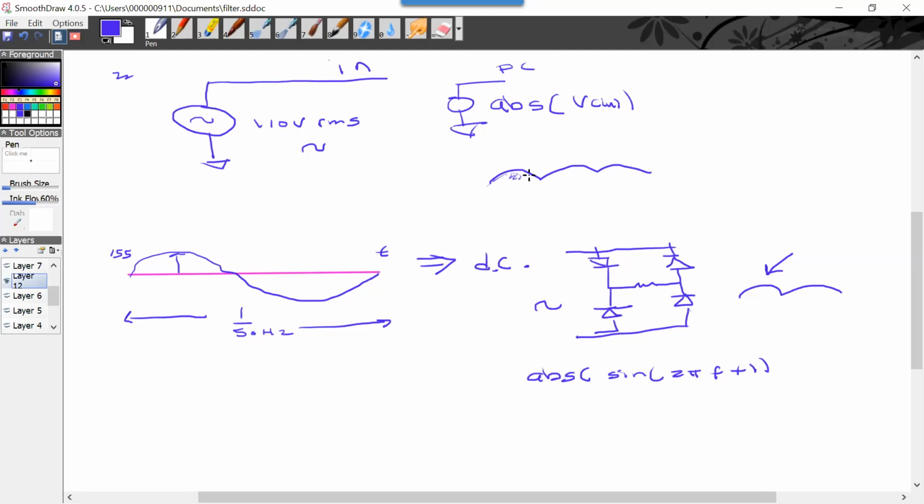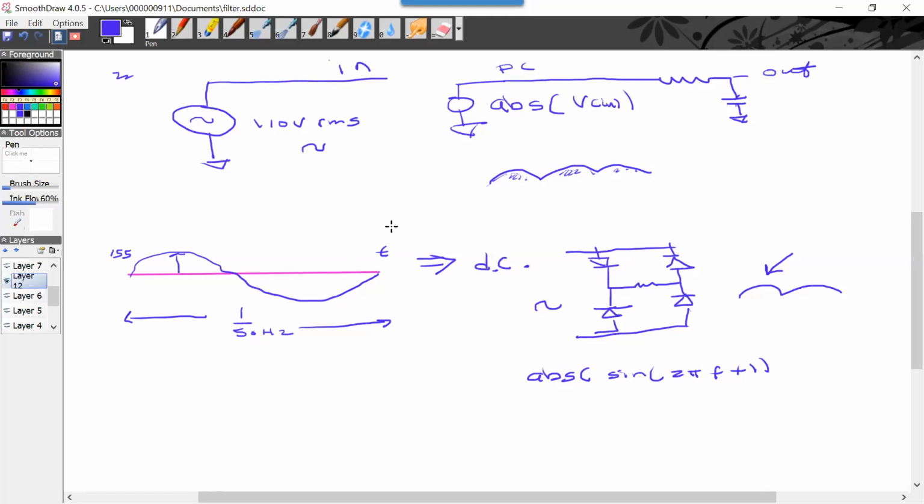So I want this average, but I don't want it to be bouncing up and down. Well, if we want to pass DC and get rid of time varying signals, we use a low pass filter. All right.